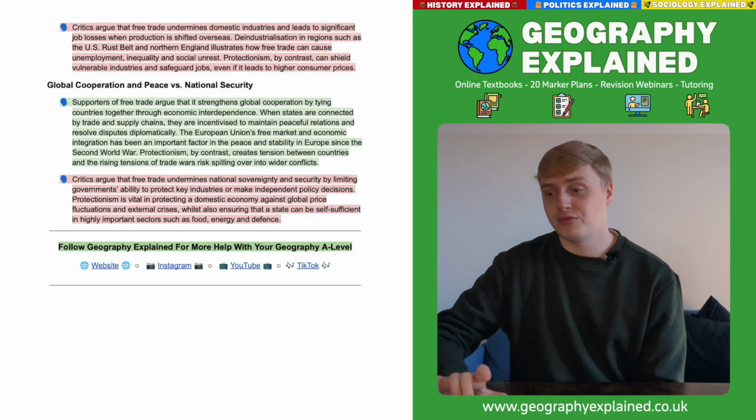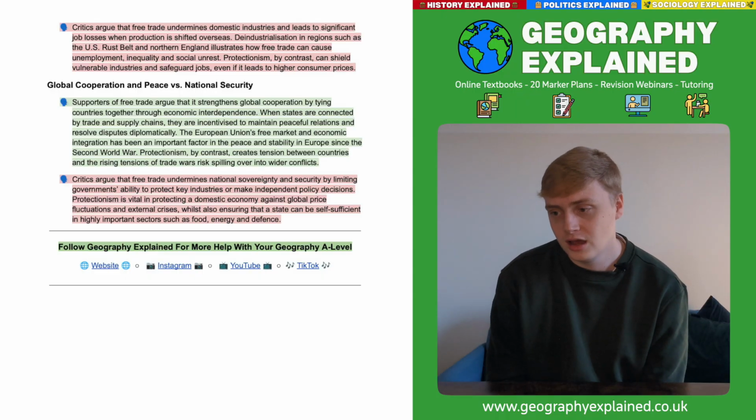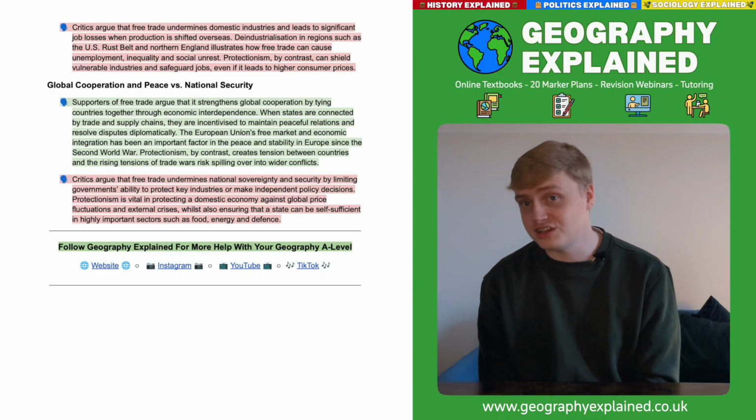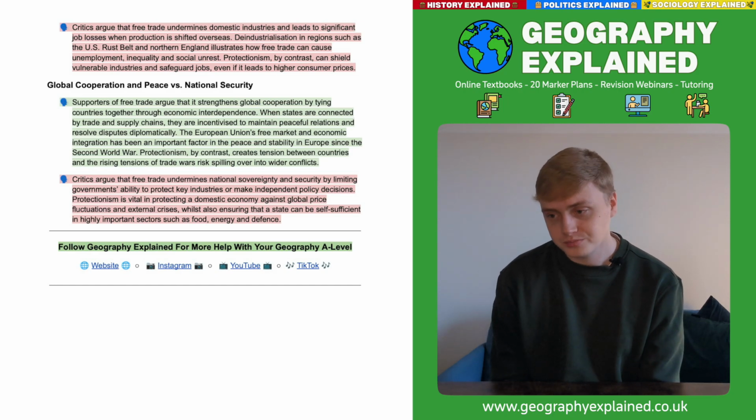But critics, for example someone like Donald Trump, would disagree and argue that free trade undermines domestic industries as well and really harms high-income countries, because production is often shifted overseas to countries where wages and labour costs are cheaper, and that really damages high-income countries.